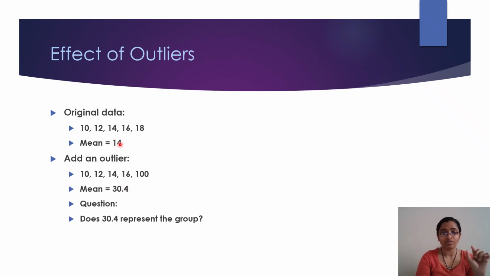It has increased from 14 to 30.4. Now the question is, if we look at this data, does 30.4 represent the group? Obviously no, isn't it? This is why the mean may be misleading in skewed psychiatric data sets, for example, the length of hospital admission, which is highly likely to be skewed data.